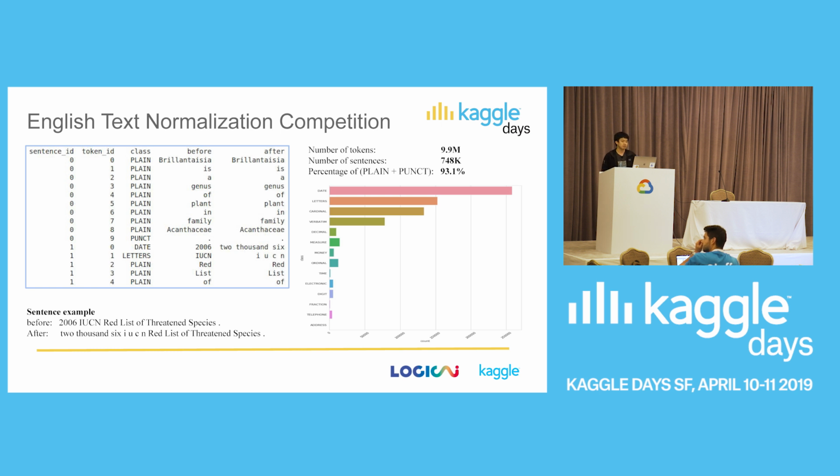In this data set, there are in total 9.9 million tokens and 748K sentences. Each sentence contains at least one token that needs to be translated, because a large portion of these tokens actually remain in their original form. If you check plain, it means the written form is the same as the spoken form. The other is punctuation.